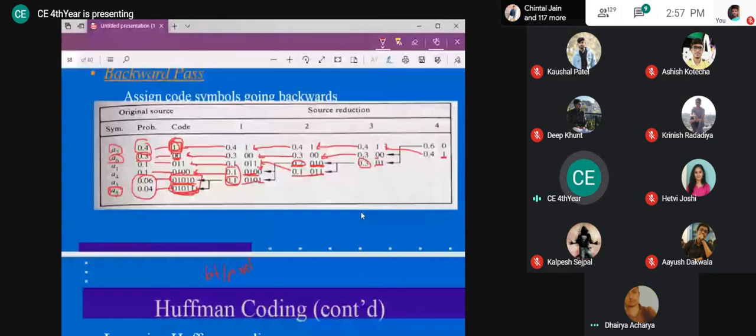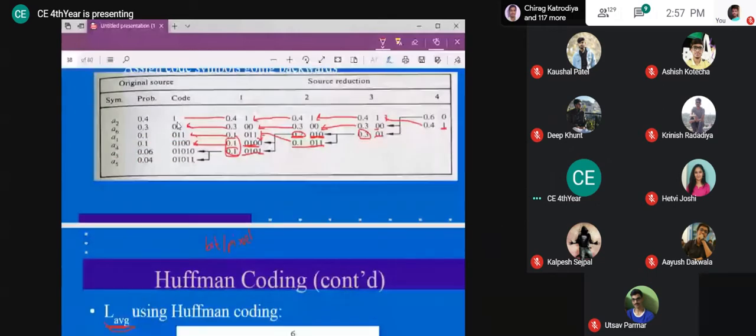If A2 occurs in my message, I am going to use 1 bit to represent that code. If A6 occurs, I am going to use 2 bits of length to represent that code. If A1 occurs, I am going to use 3 bits. That is fine. But what is, on an average, the length of my code?